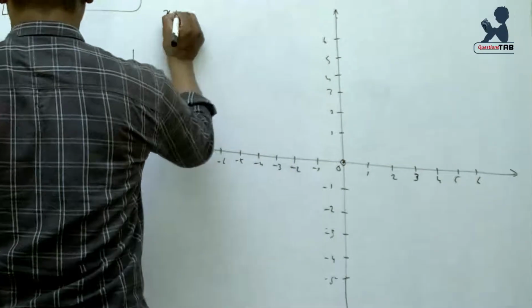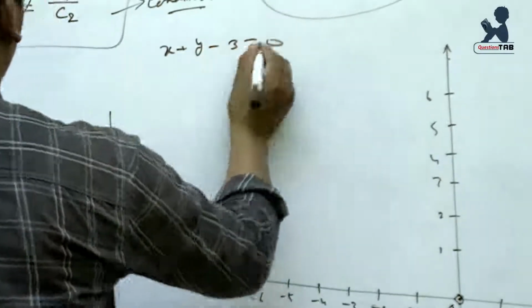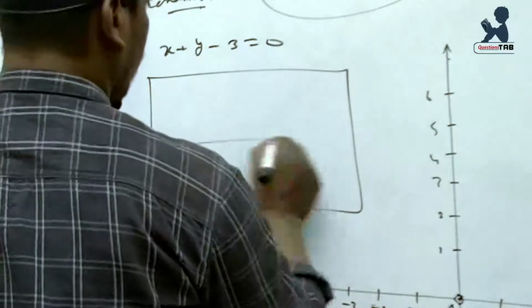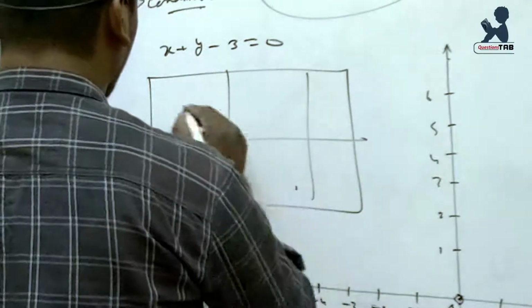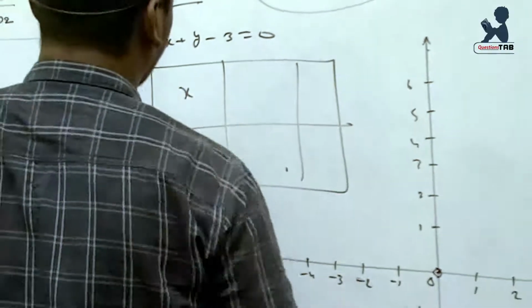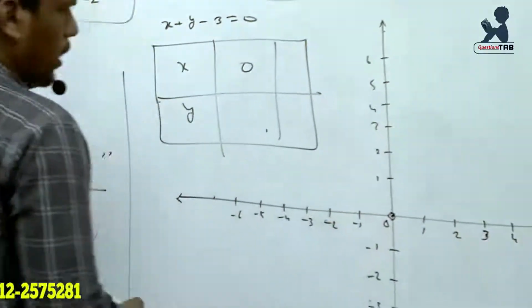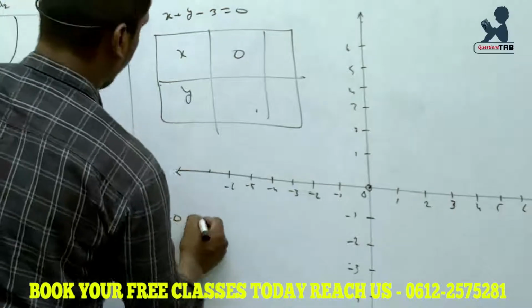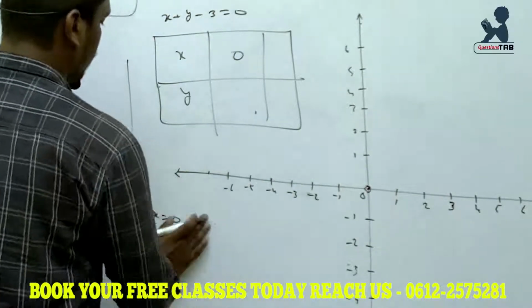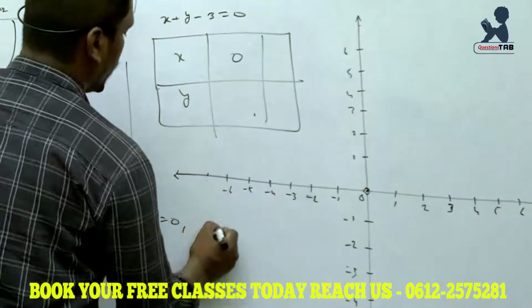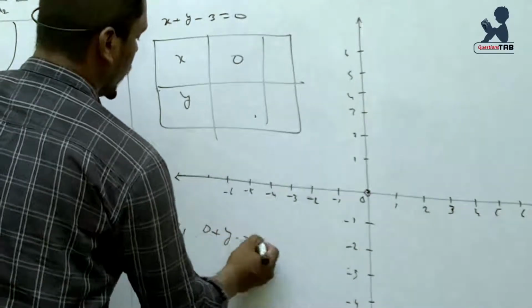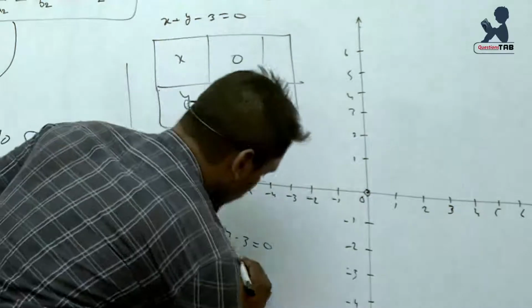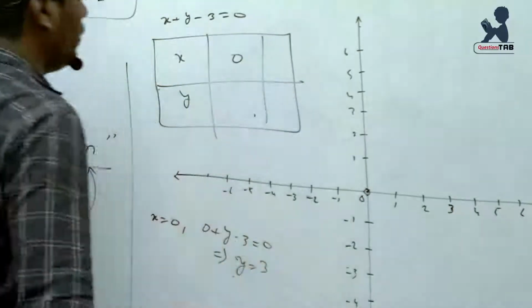The first equation is x plus y minus 3 equals 0. For x equals 0, we get 0 plus y minus 3 equals 0, so y is 3.